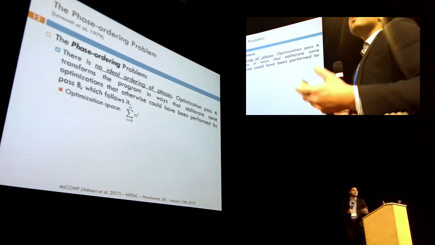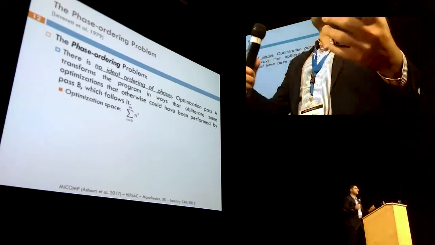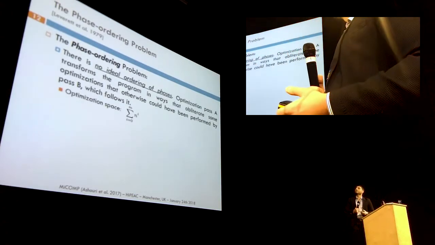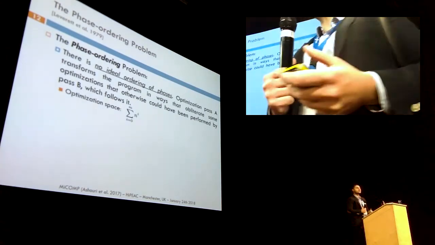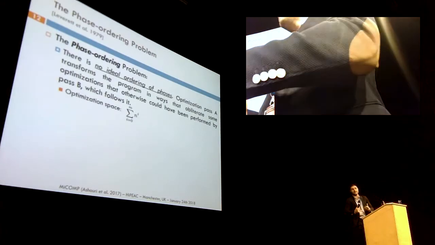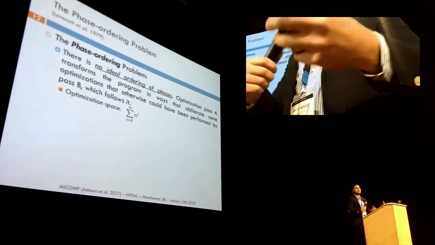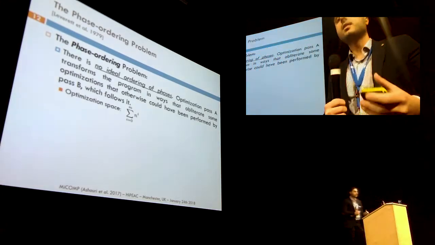And as you know, there is no ideal ordering of phases because, first of all, the optimization vector could go on and expand forever, so it is not bounded, and it's not deterministic. So suppose optimization pass A transforms the program in a way that optimization B could make it worse or obliterate the effect that could have been achieved otherwise.